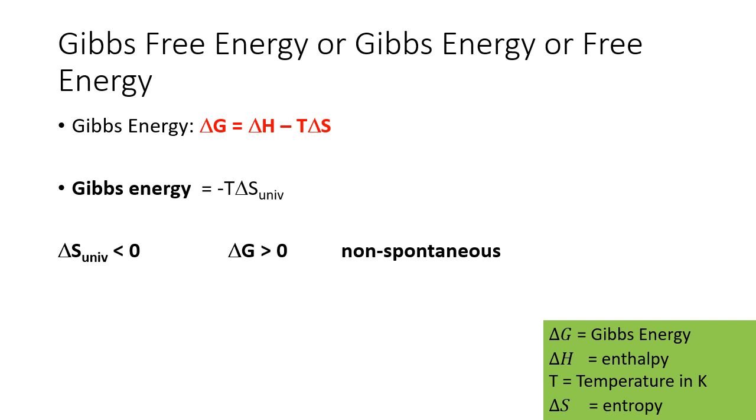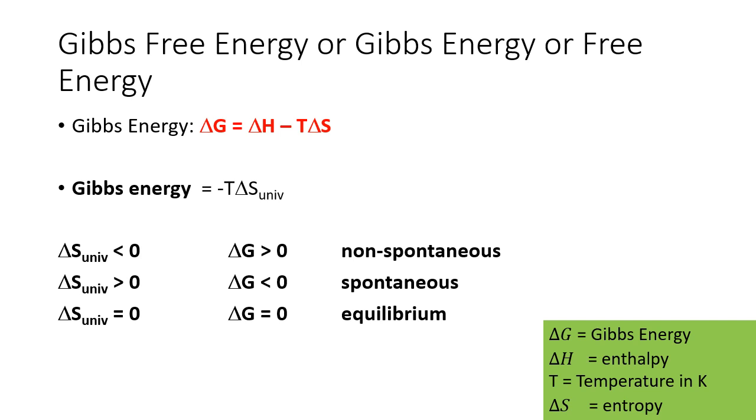What about if entropy is in fact increasing? Then our delta G is negative. That is spontaneous. That is going to happen. And finally, if delta S of the universe is equal to 0, then we are at equilibrium. Both the forward and the reverse reactions are going to happen spontaneously.